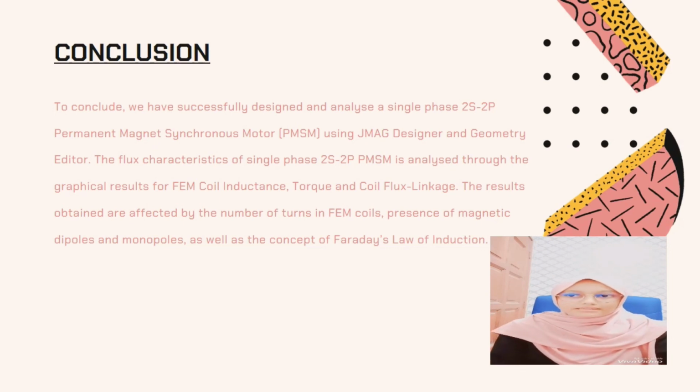The flux characteristic of single phase 2S 2P PMSM is analyzed through the graphical results for FEM coil inductance, torque, and coil flux linkage. The results obtained are affected by the number of turns in FEM coils, presence of magnetic dipole and monopoles, as well as the concept of Faraday's law of induction.